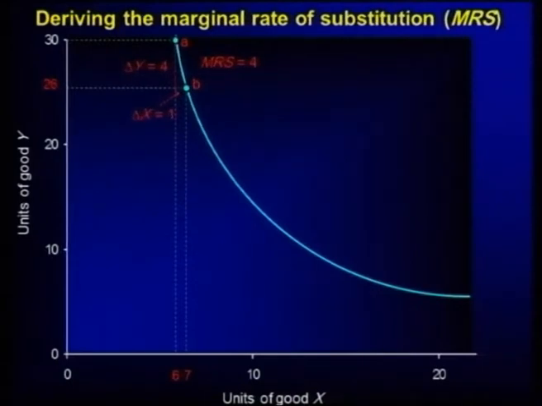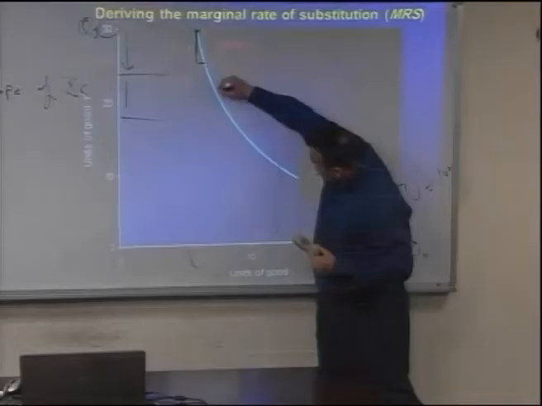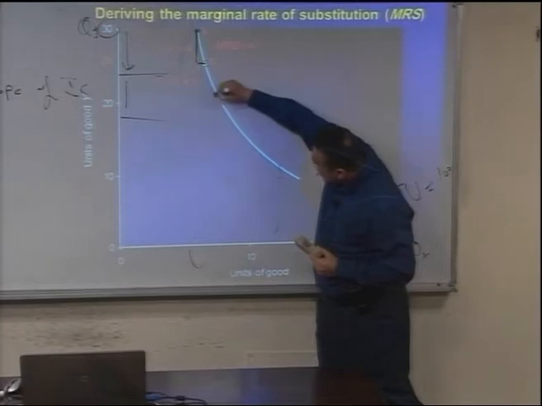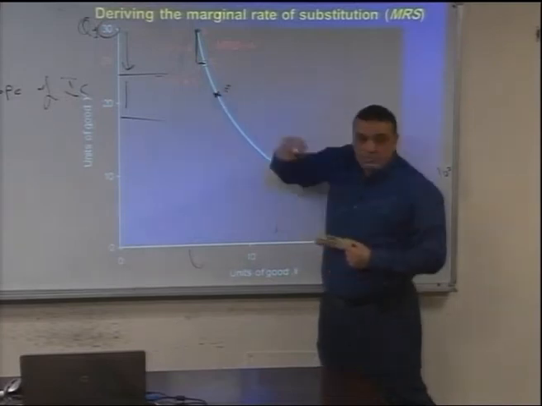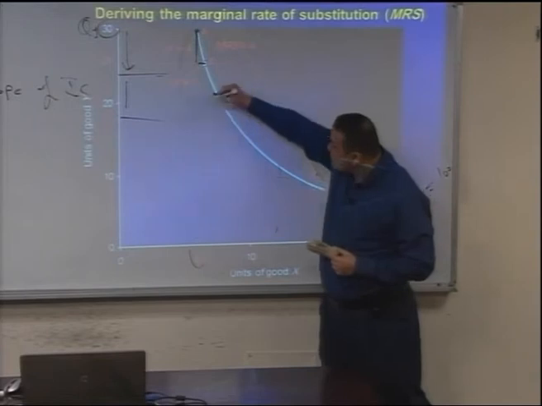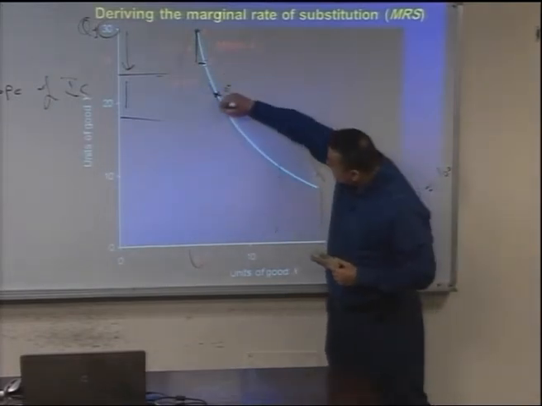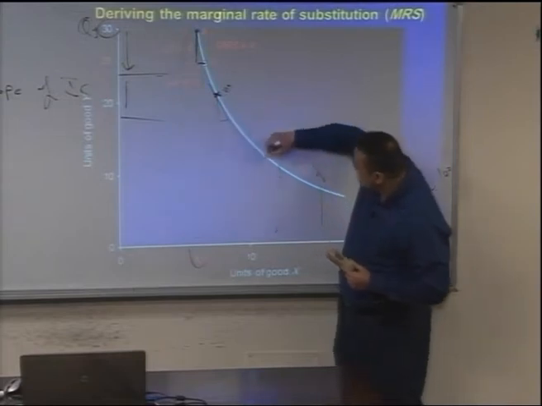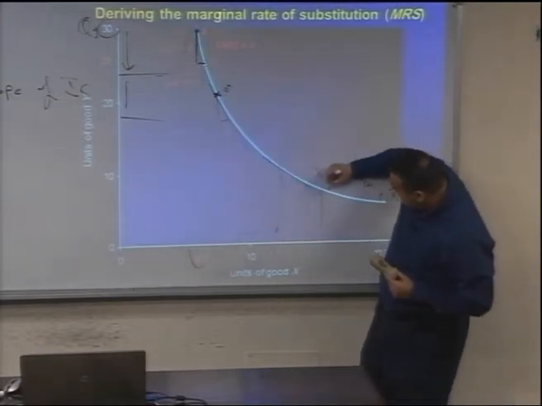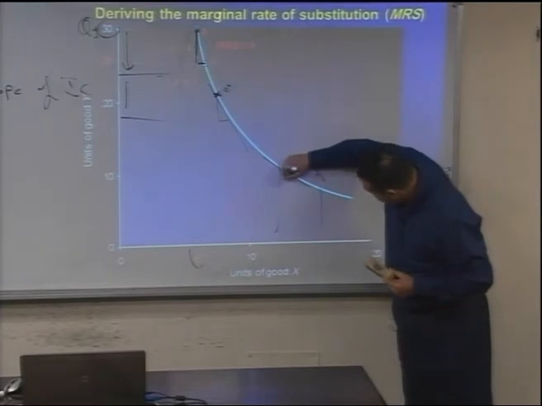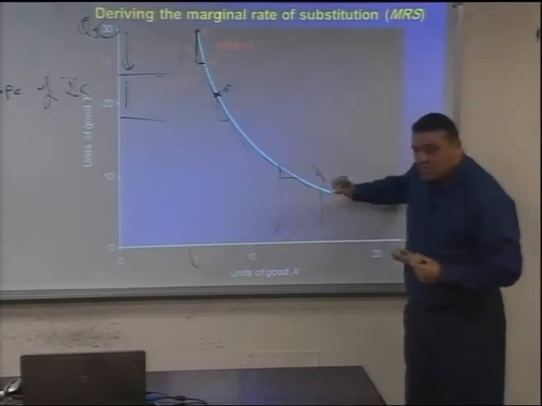What about this point here? What do you see? If we would like to calculate the slope at this point, point M, for instance, draw a triangle here. What about here? What do you see?